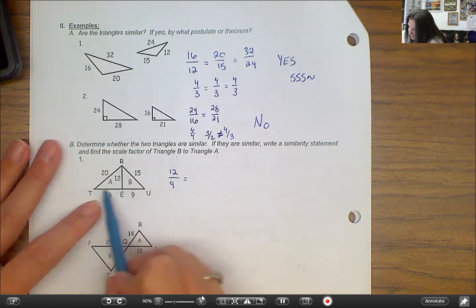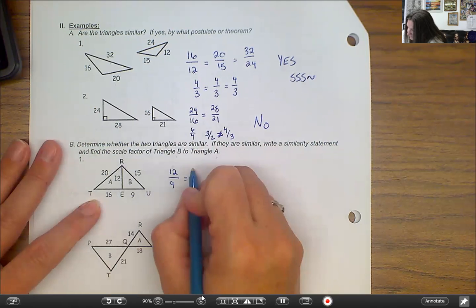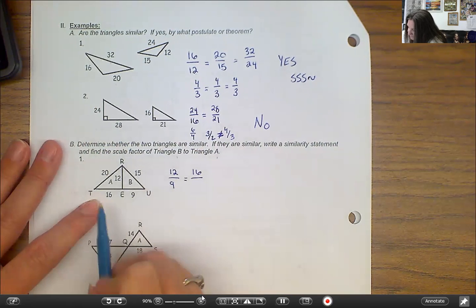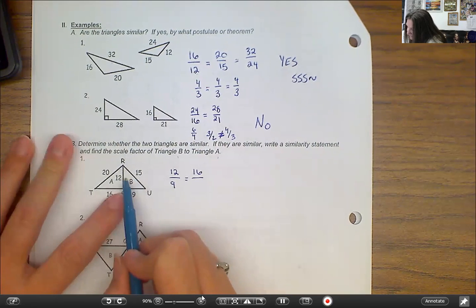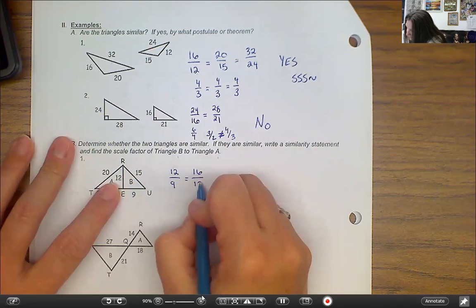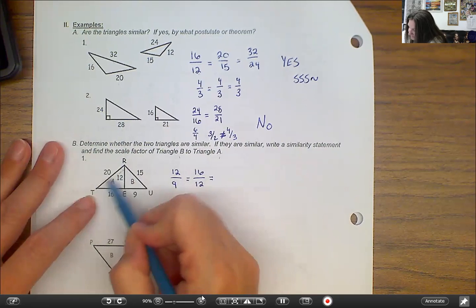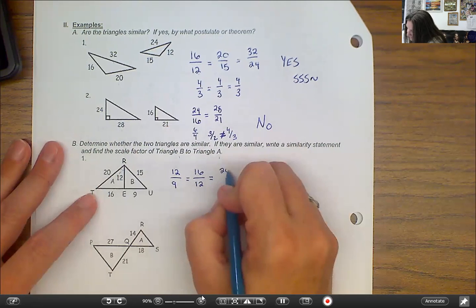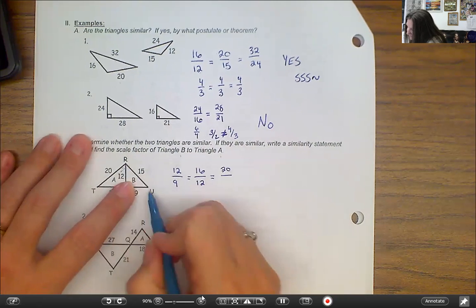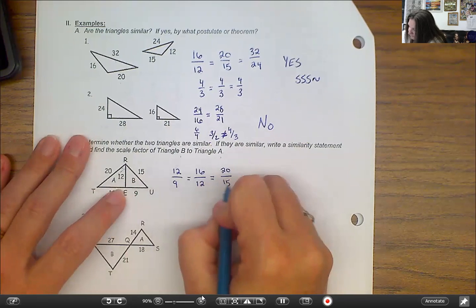Then on triangle A, the second shortest side was 16, which will match up with 12 on triangle B. And then the longest side on A was 20, which corresponds with the longest side on triangle B, which is 15.